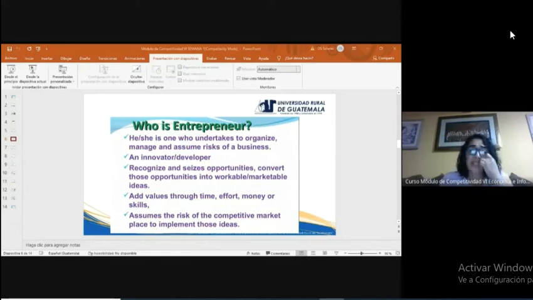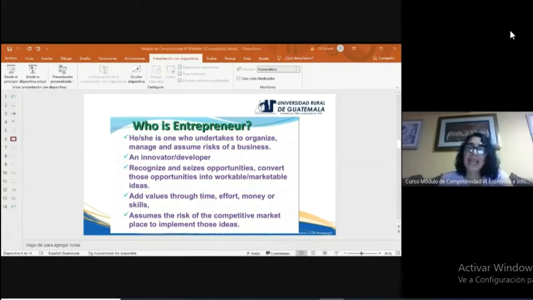Another function is taking risk and uncertainty. Also, we are organizing and building. We are getting a perception of market opportunities. The people you are selling to, the people purchasing your products. We are doing marketing. We are doing managing. So all of this is a function of an entrepreneur.